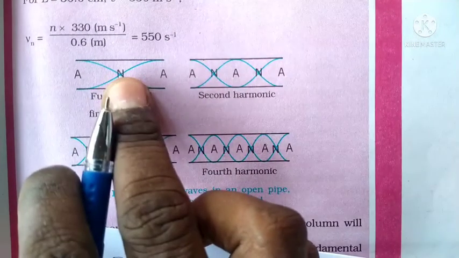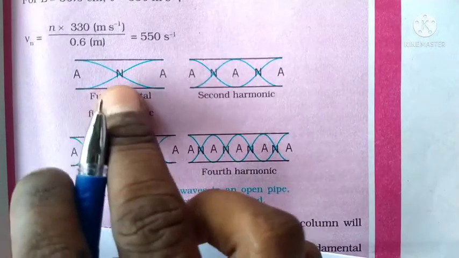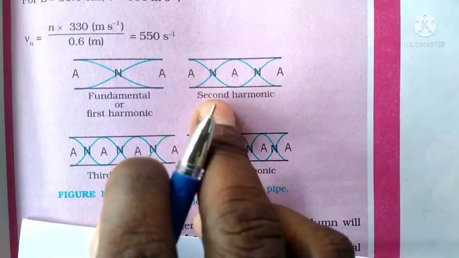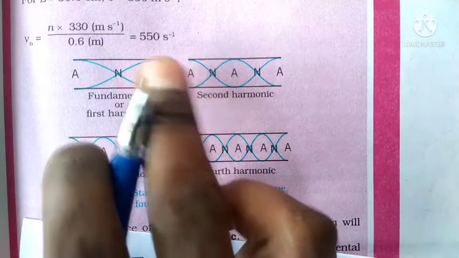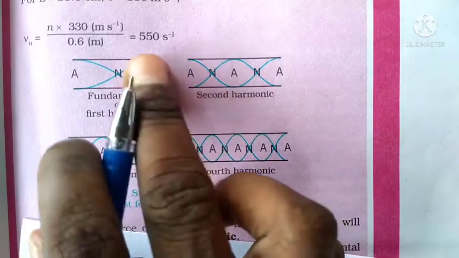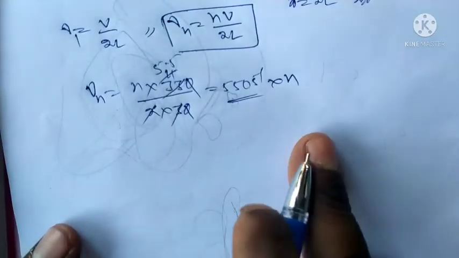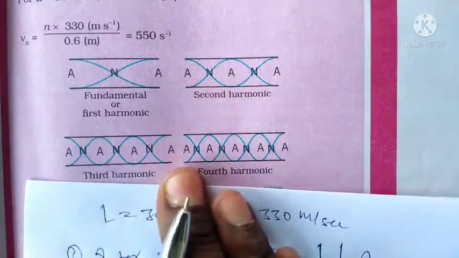The frequency is 550, and for the second mode it is 550 into 2, that is 1100. Like this we multiply with n, and we get the number of modes of vibration.